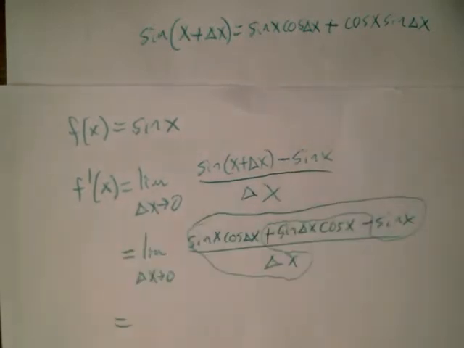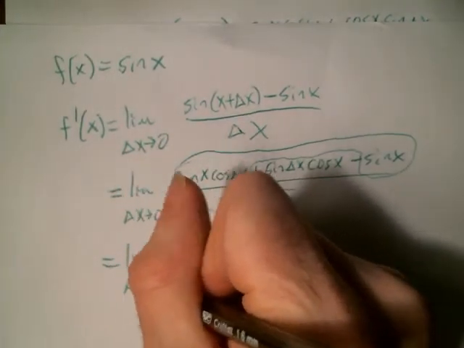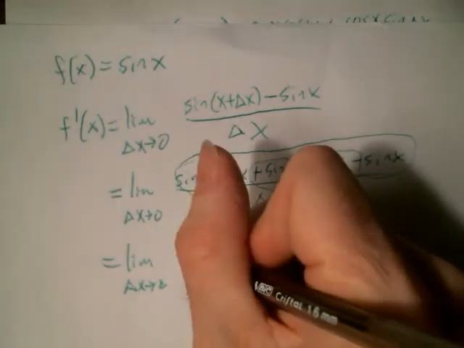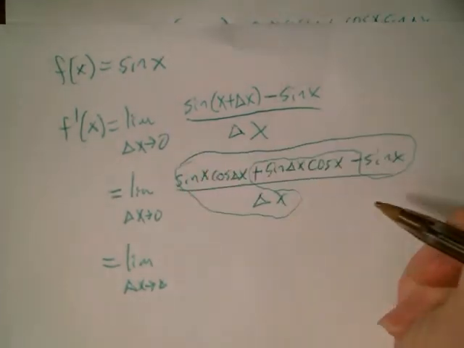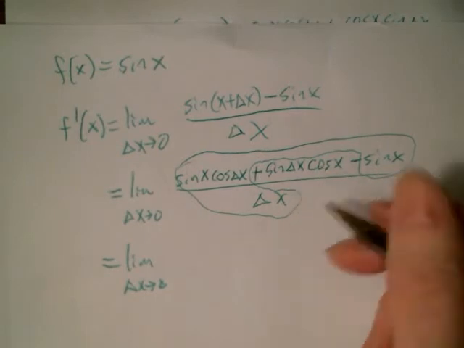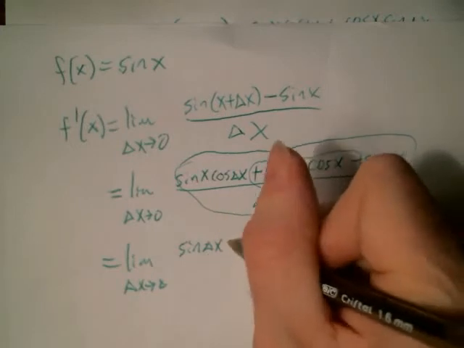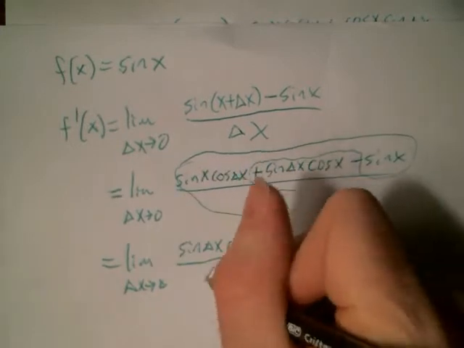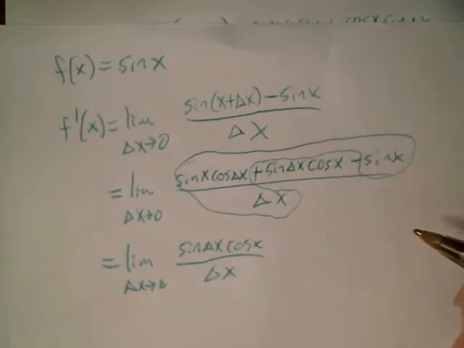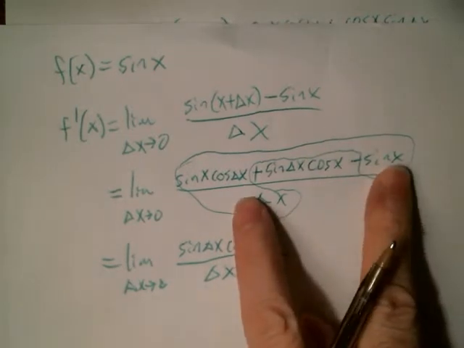So this will equal the limit as change in x goes to 0 of, let's take this portion first, sine of change in x cosine x all over change in x, and then the minus, I'm going to factor out a negative from these two parts.